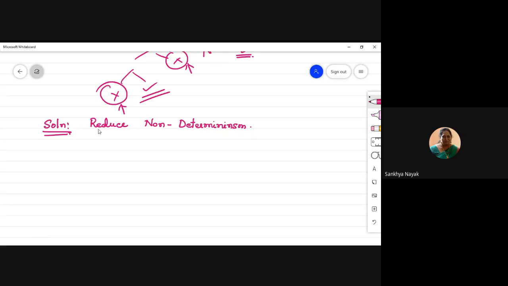So in the question above, to reduce non-determinism, one thing I told you was there was no way to represent stack empty. That is, you couldn't force a transition when the stack is empty. And the second thing was, there was no way to represent when the input has ended, so no way to force a transition to be taken when the input has ended.